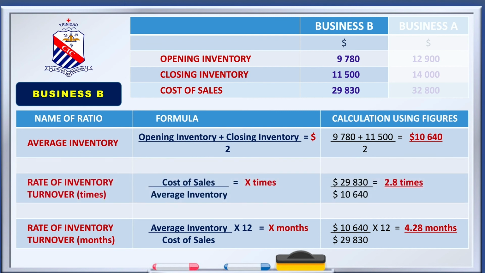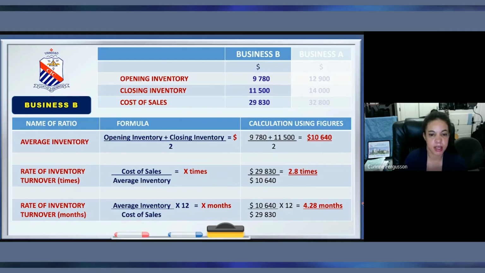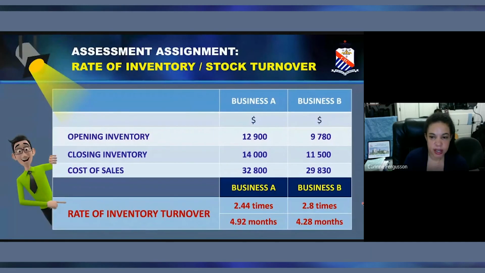So there are your answers for business B. 10,640 for average inventory, 2.8 times, and 4.28 months. So now you can see it where we can compare in terms of business A and business B.